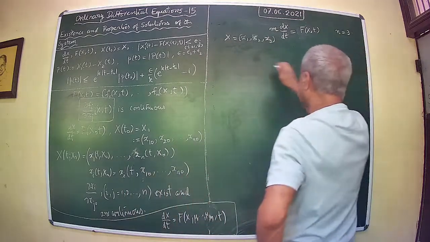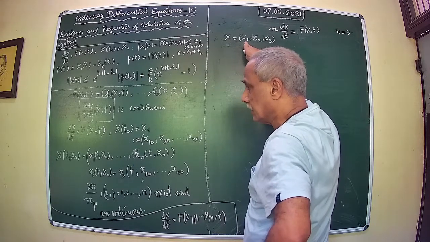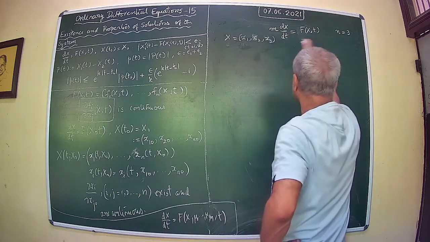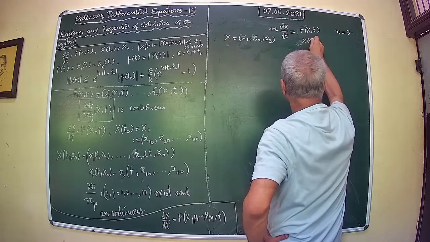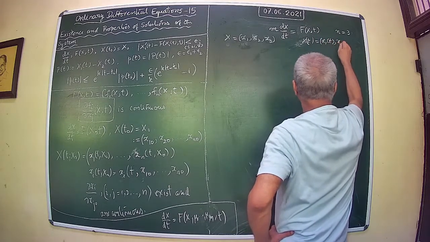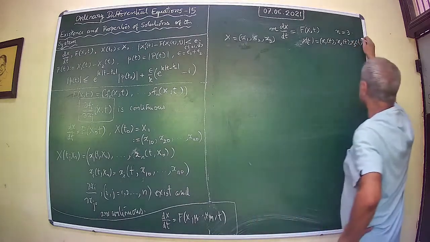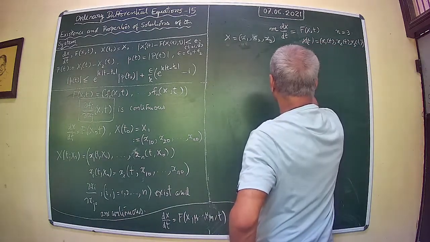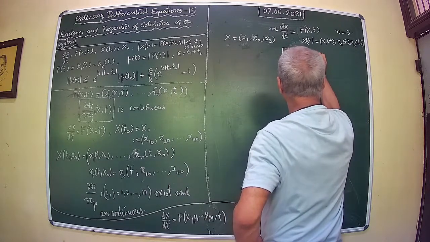Then x(t) is the position of a particle at time t, where the coordinates are given by x1(t), x2(t), x3(t), and f is a vector field which depends on x1, x2, x3 and t.